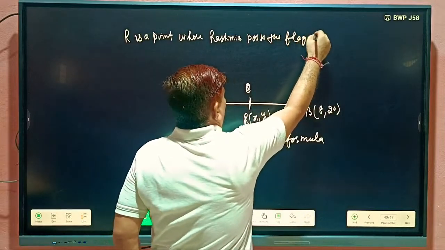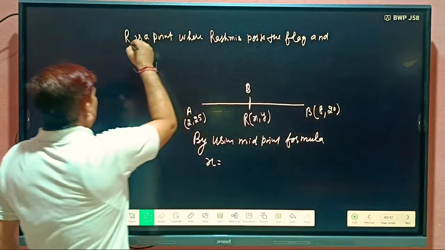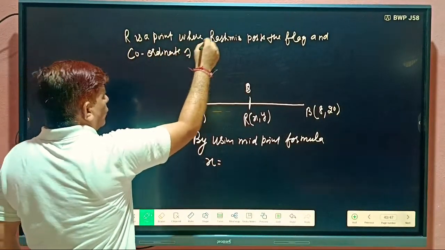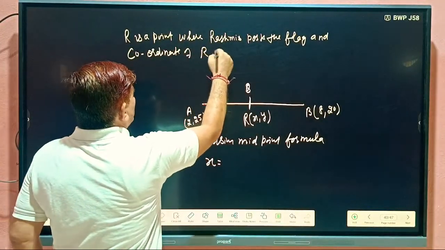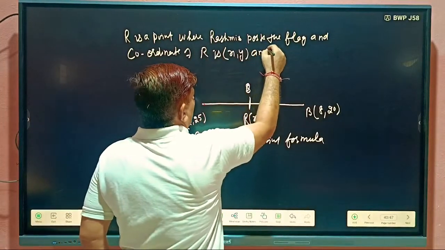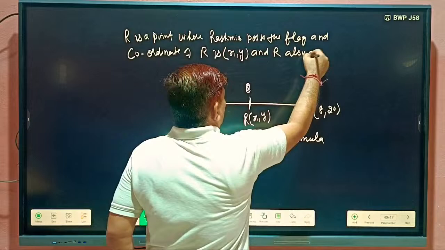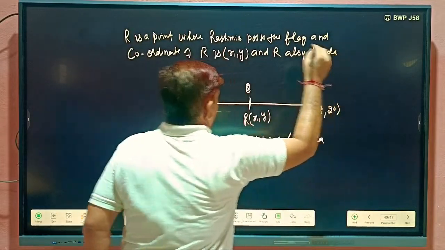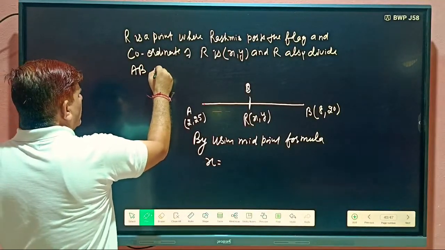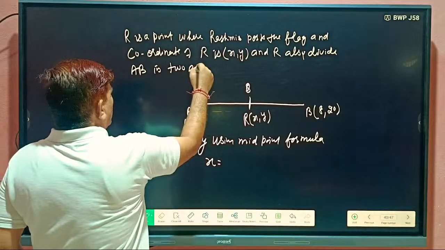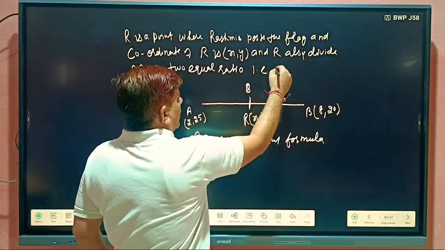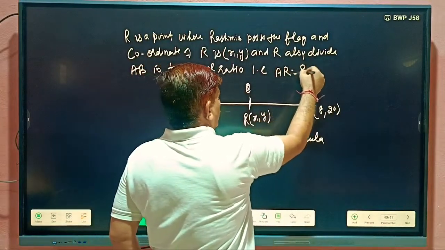and coordinate of R is X and Y, and R also divides AB in two equal ratio, that is AR equal to RB.